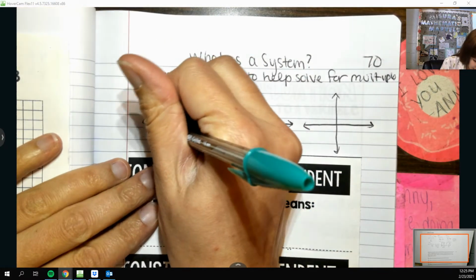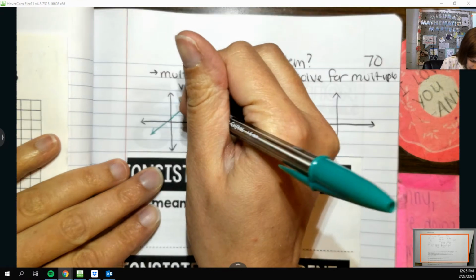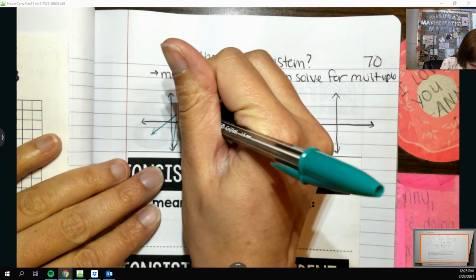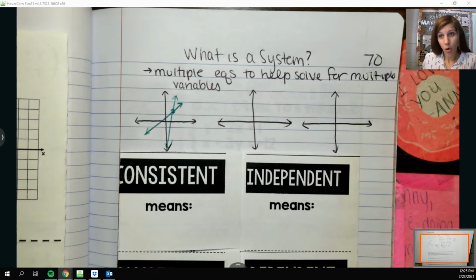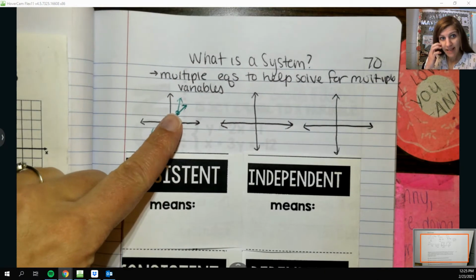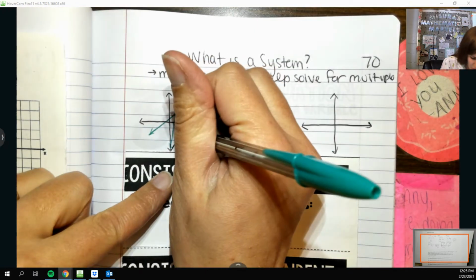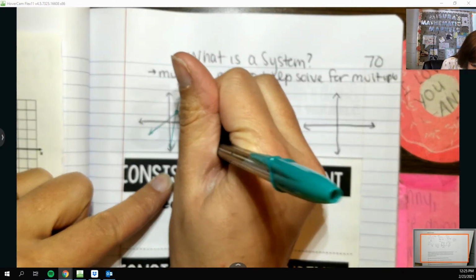Your 2 lines might end up crossing each other, perpendicularly or not, but they cross each other, and that one spot where they cross is their one solution.